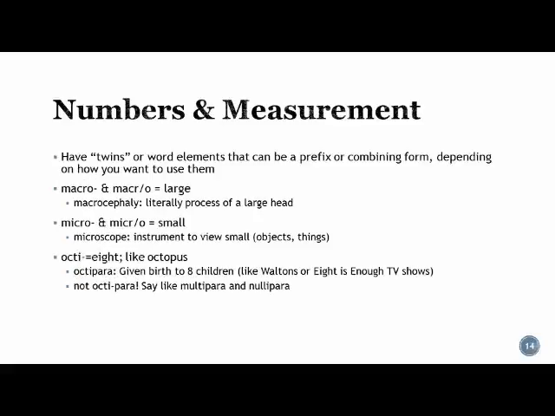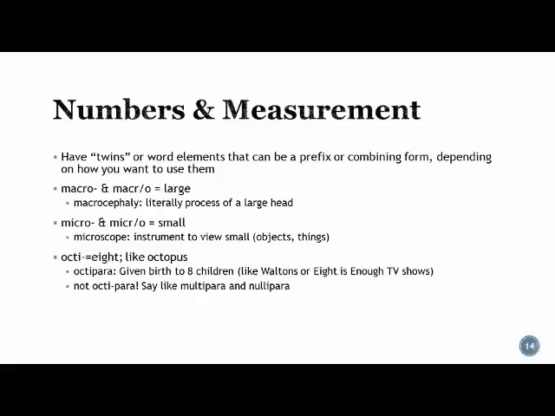Now, look at these next two. Here we got some twins. We've got some prefixes that can be recycled, upcycled, and they can also be made into combining forms. So sometimes we want it to be a prefix, other times we might need it to be a combining form in order to not violate the rule that every medical word has a suffix, every medical word has a root.